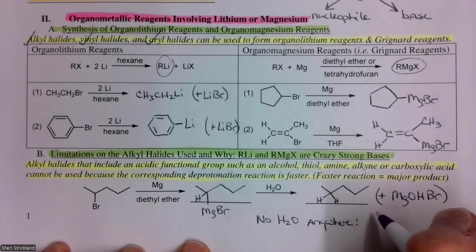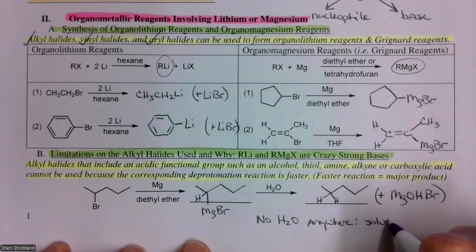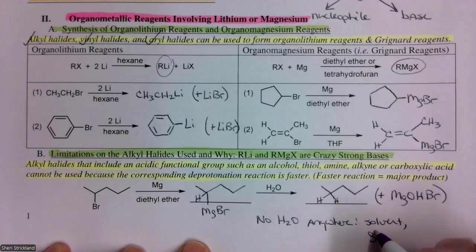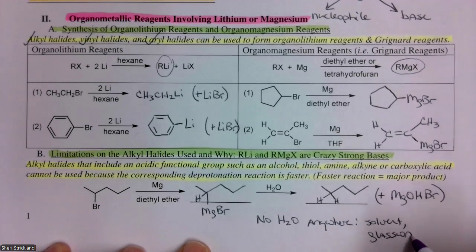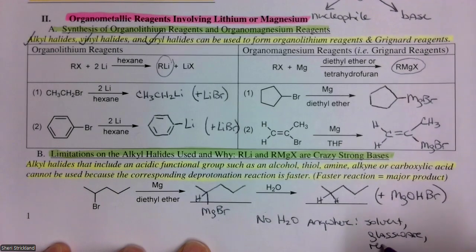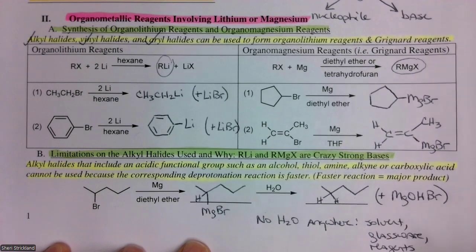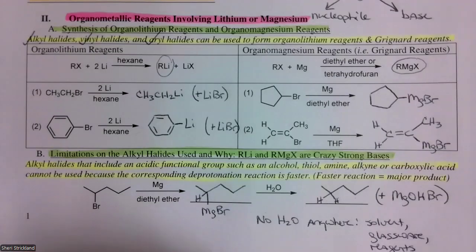Not in your solvent, not on your glassware, not contaminating your reagents. Okay, so that is the basic story on organometallic reagents involving lithium and magnesium. If you have any questions, please send them to me.